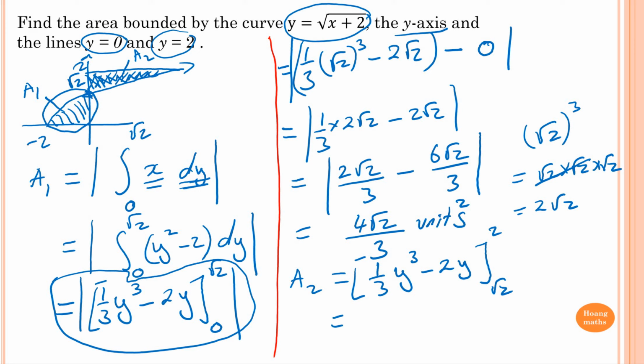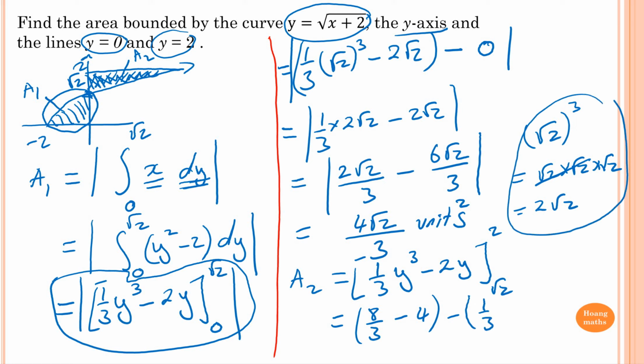Substituting 2 in, 2 cubed is 8, so 8 over 3 minus 2 times 2, which is 4. Then substituting root 2 in, it's 1/3 of root 2 cubed, and we already did that: root 2 cubed is 2 root 2.